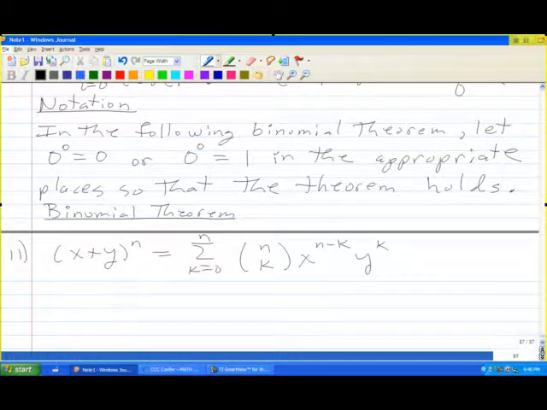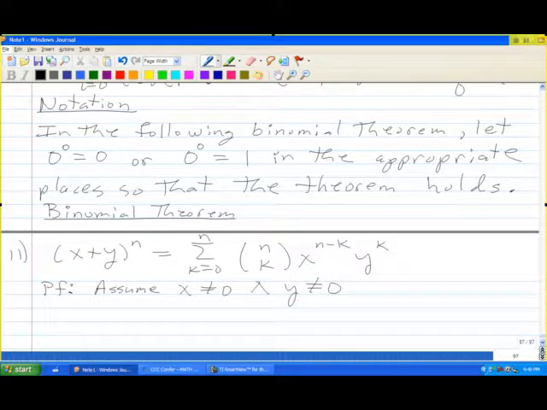So let's do the proof. Again, I'll assume x is not 0 and y is not 0, just because we've made the assumption that 0 to the 0 is whatever it needs to be so that this theorem will work, so either 0 or 1.